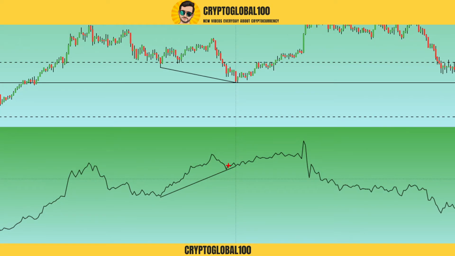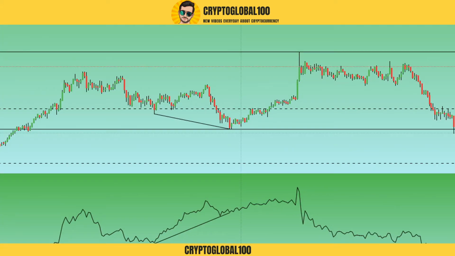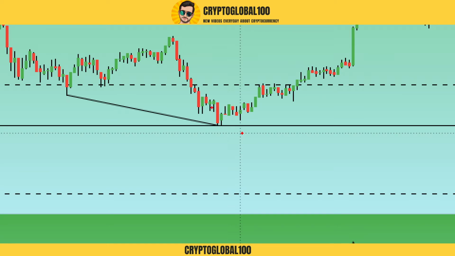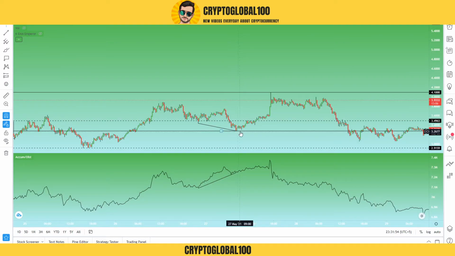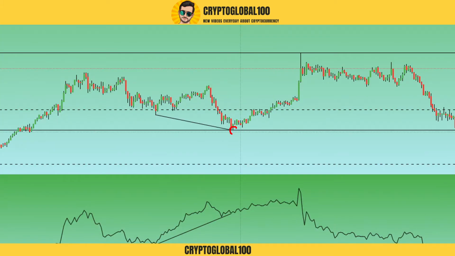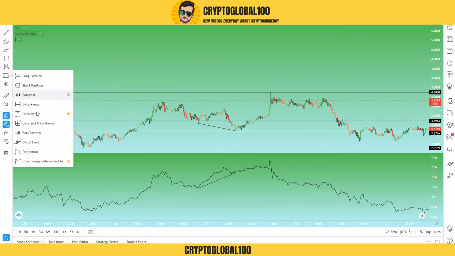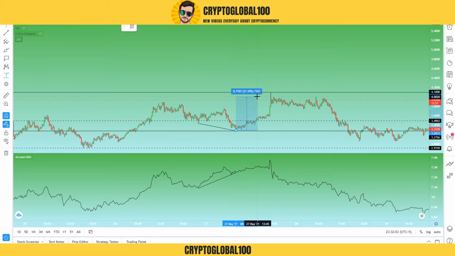When this peak was formed here at this area, we saw a rally upwards, and this is the point of zone I was talking about, point of reversal, right on the spot. You see here perfectly, this was the perfect area to enter, and from this area of entry you could have made 20%, because we're gonna go to the next resistance area.